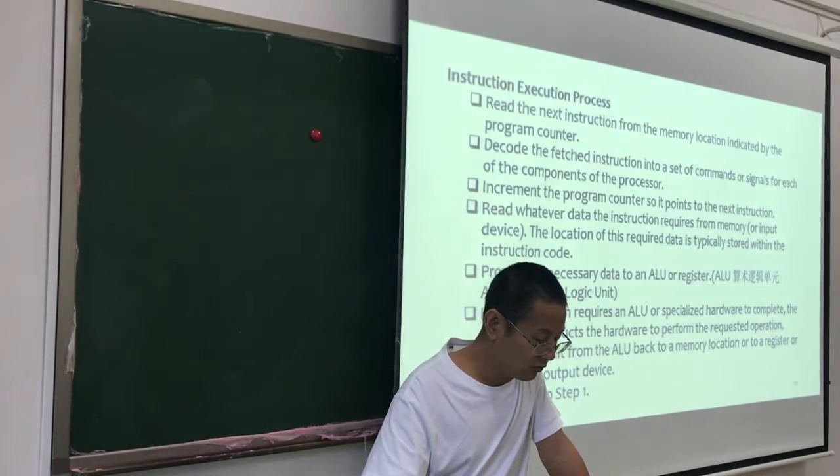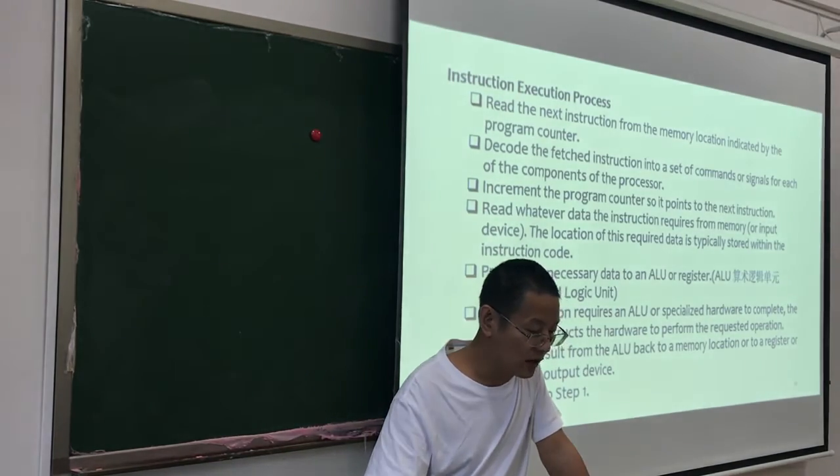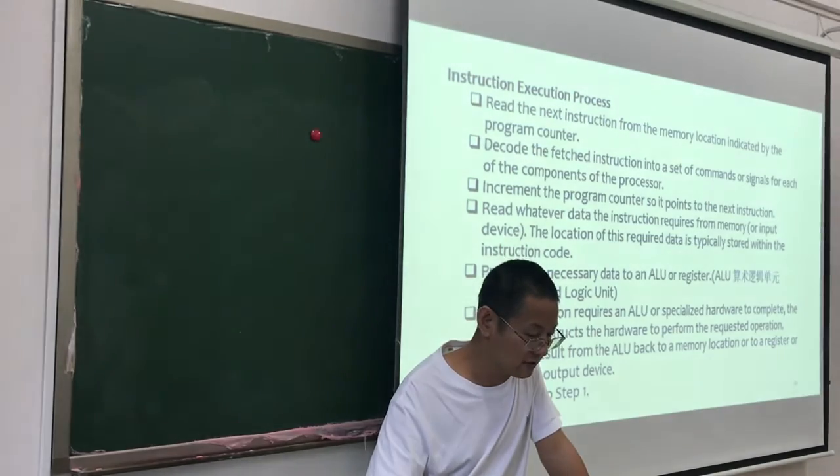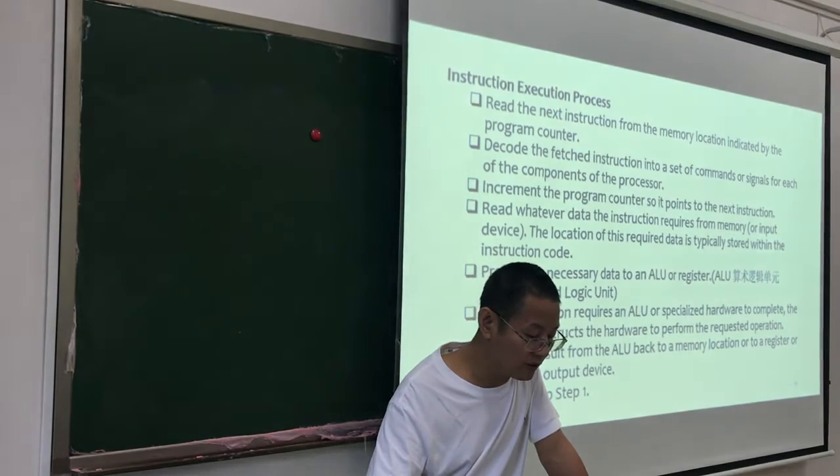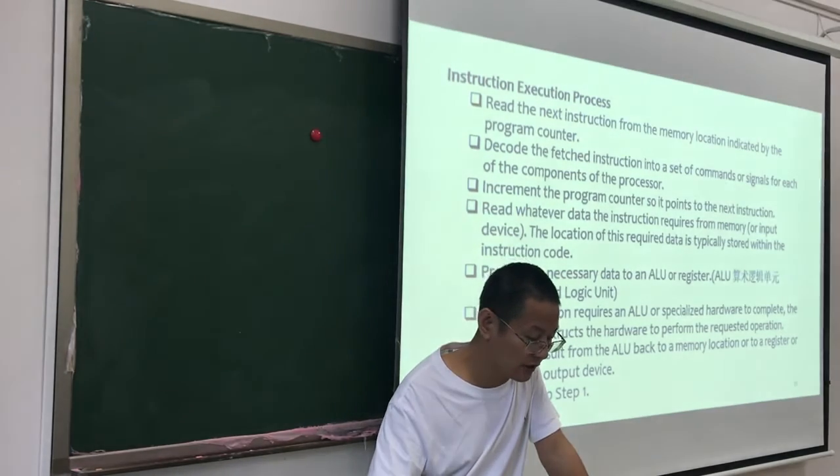Now we see the instruction execution process. Read the next instruction from the memory location indicated by the program counter. Decode the fetched instruction into a set of commands and signals for each of the components of the processor.